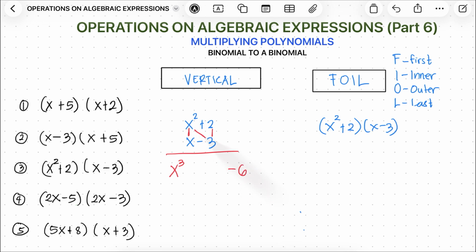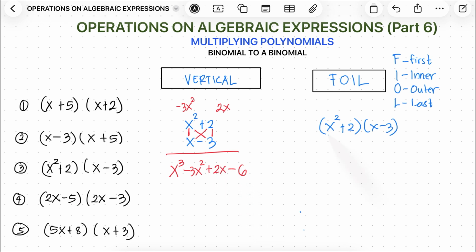And then next, we have negative 3 times x squared, that's negative 3x squared. And then lastly, we have 2 times x, that's positive 2x. So we cannot combine these two because they are not like terms, so we'll just copy them out. Negative 3x squared and 2 is positive, so plus 2x.